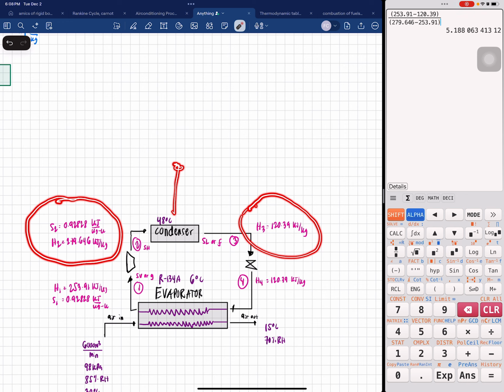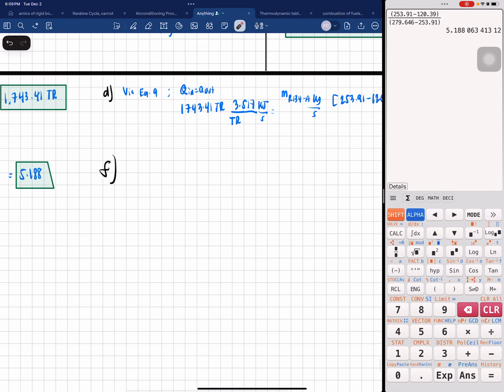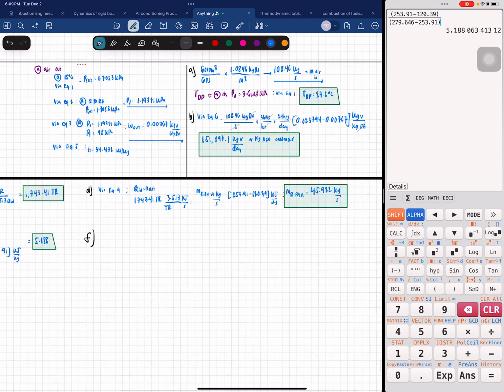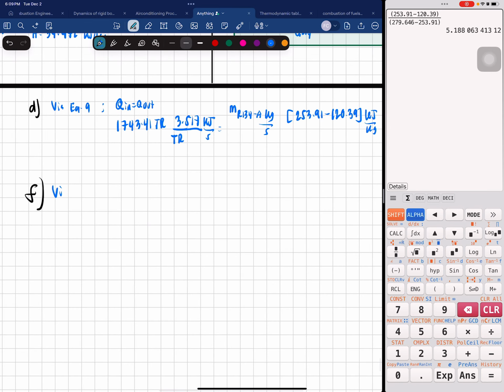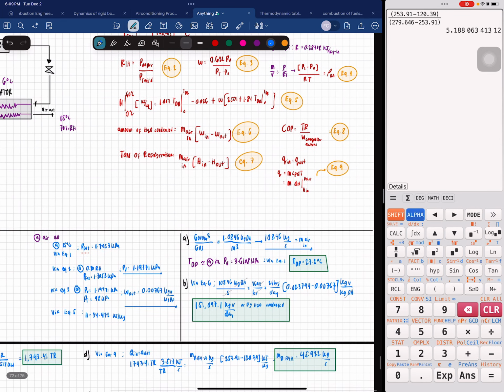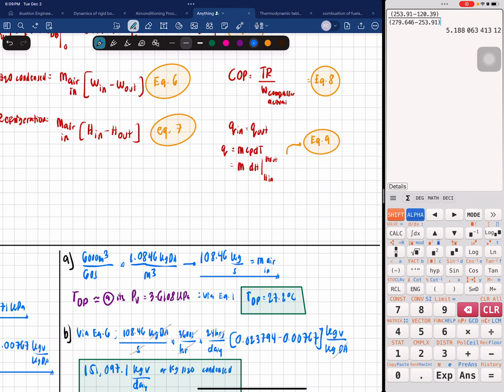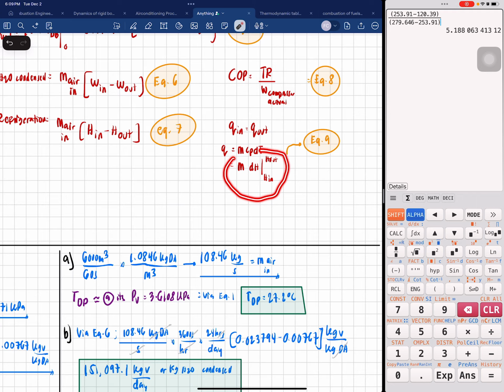Since you have your mass flow rate, you also use the mass flow rate to acquire the amount of energy that was released by the condenser. Still, it's gonna be via equation 9. We're using M delta H, meaning the amount of energy that was rejected, and we want to find the amount of water that will be used.